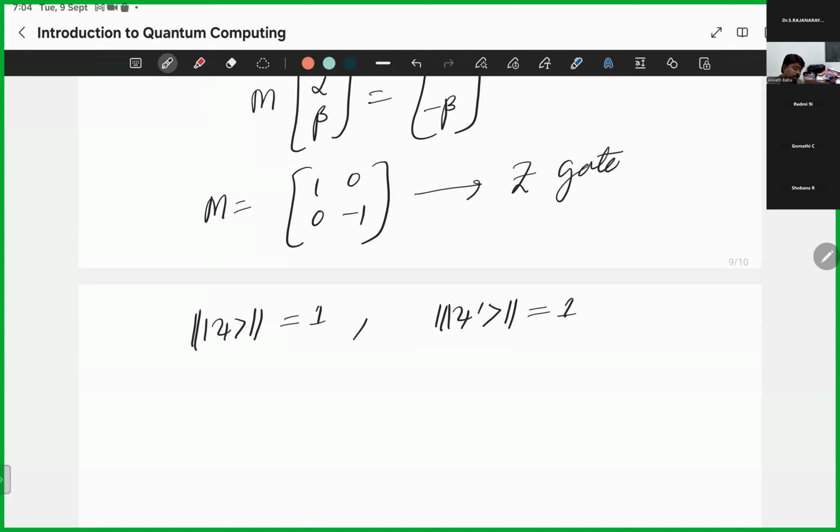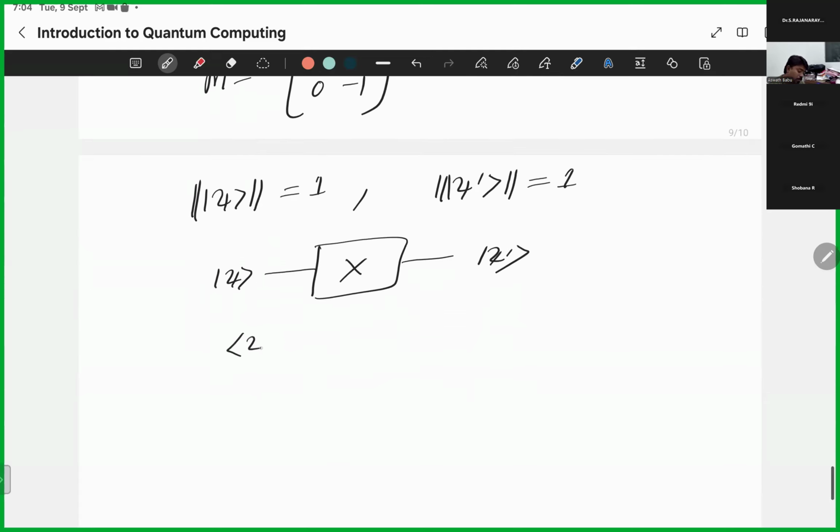Let's say there is an X gate, a quantum state gets in, a quantum state gets out. The norm, meaning the inner product, the length of the vector is 1 on the left hand side, and the length of the unit vector on the right is 1.